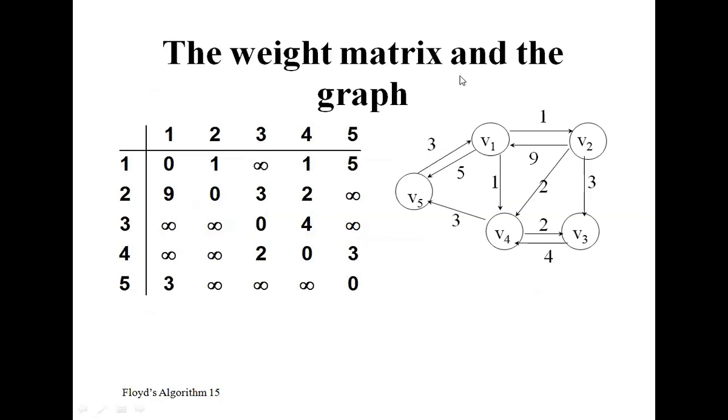So, the weight matrix of the graph. See, in the all pairs shortest path problem, you need to find the weight matrix. So that is important. Just see the weight matrix.